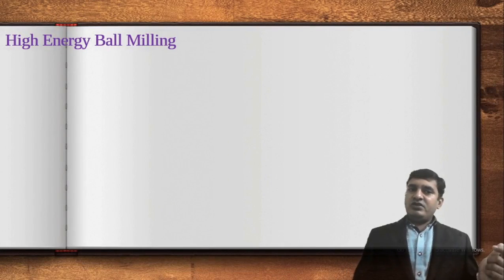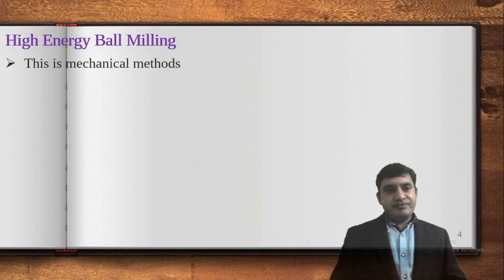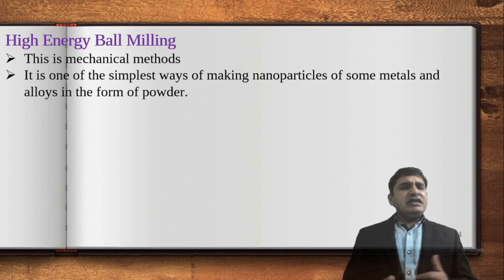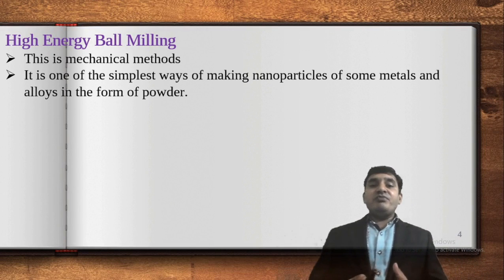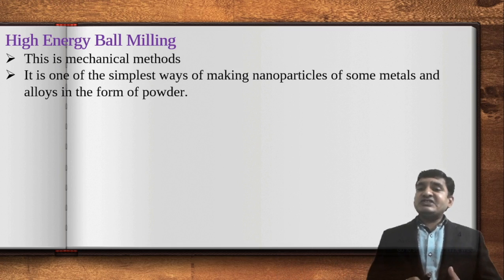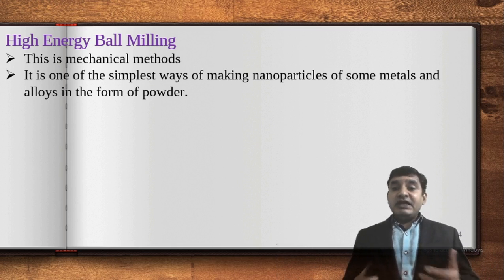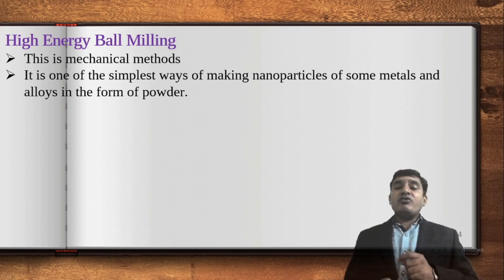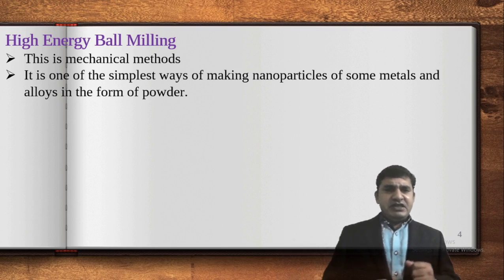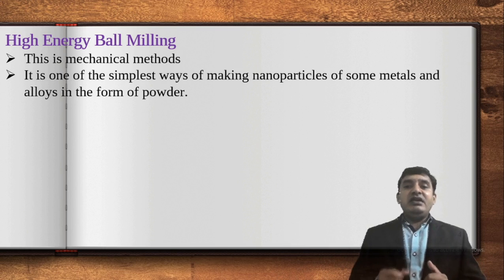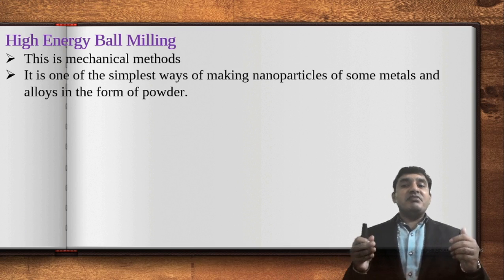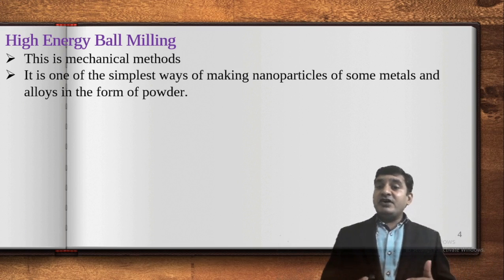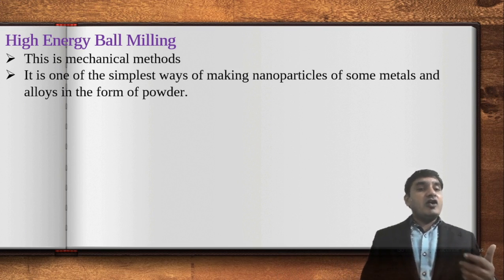It is one of the simplest ways of making nanoparticles of some metals and alloys in the form of a powder. Simply, we can mill the bulk material to form nanoparticles of metals and alloys.